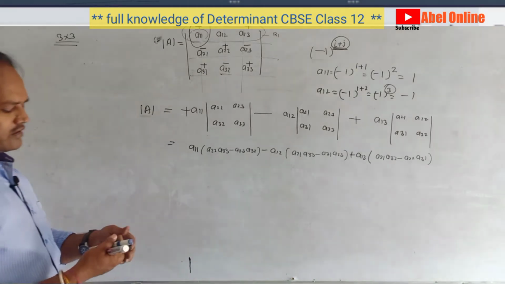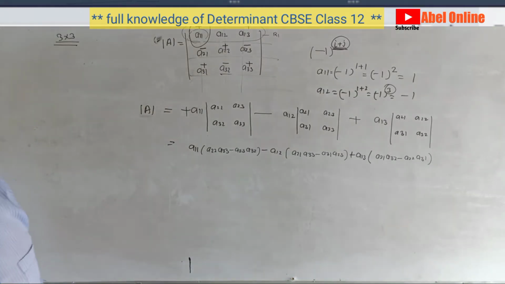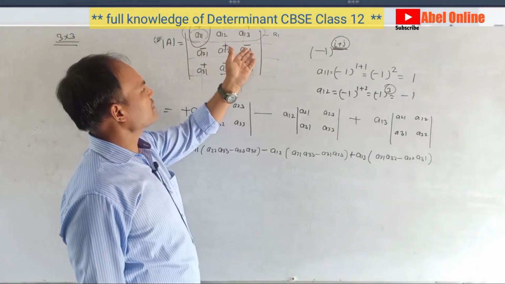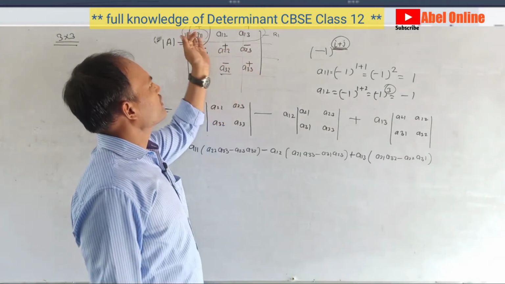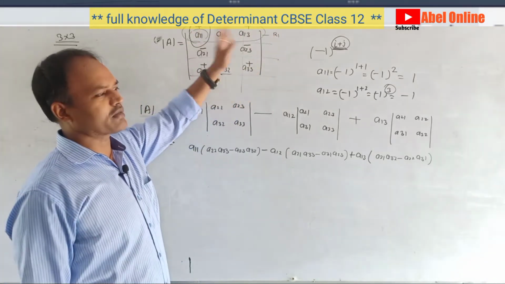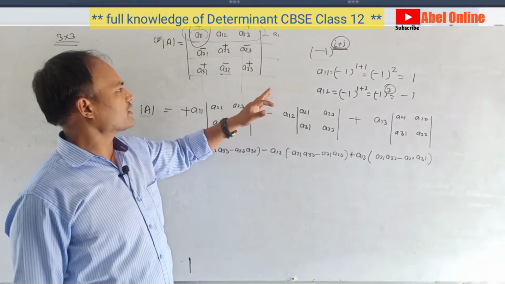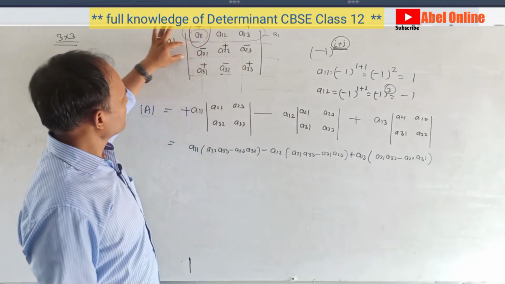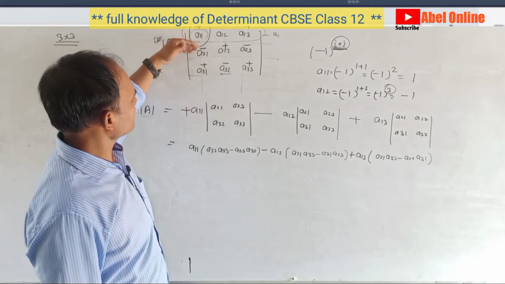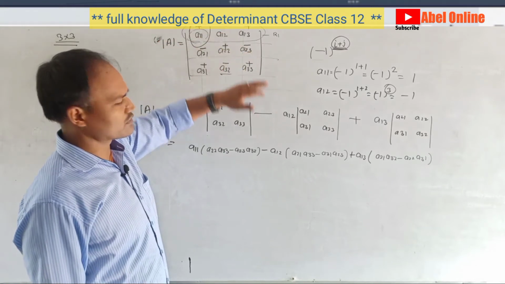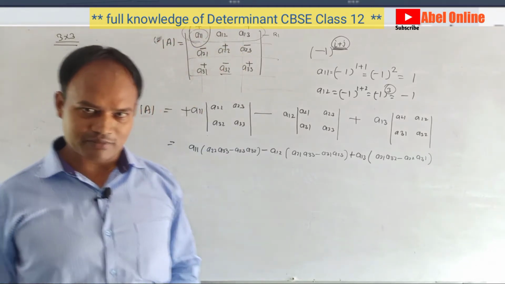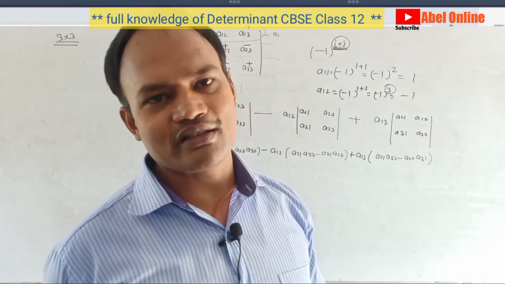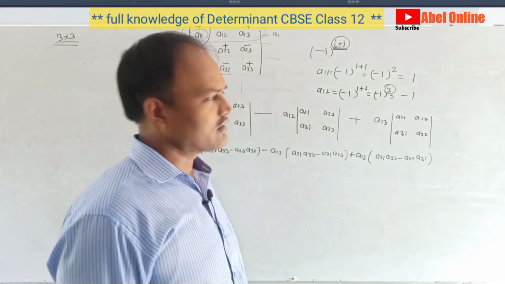The starting signs are the same, plus minus plus, and the last signs are also plus minus plus, but the middle row's signs are opposite: minus plus minus. This is the initial pattern, so you can learn it.